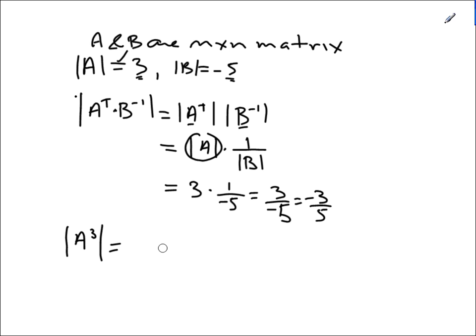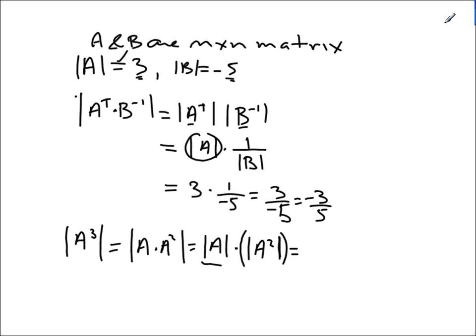We have some theorems that we can use. Somehow, I want to get A cubed to have A and take the determinant of that. A cubed is A times A squared. So at least now I have the determinant of A times the determinant of A squared. You don't need to put these brackets, but let's put them here anyway.